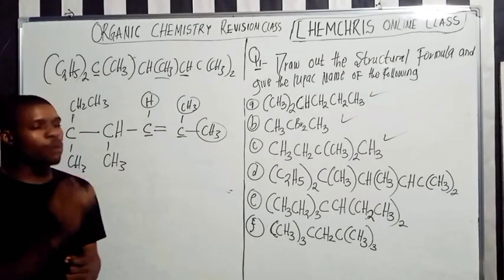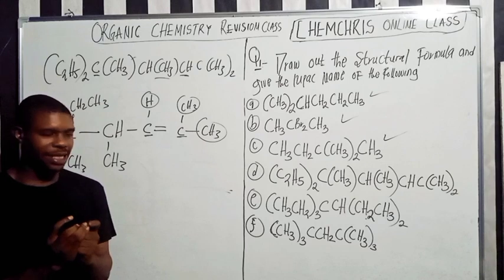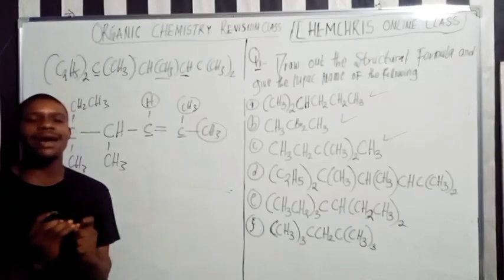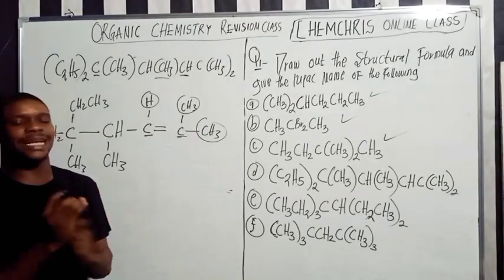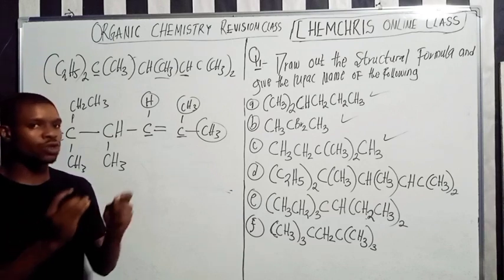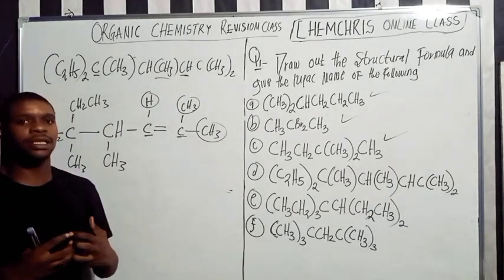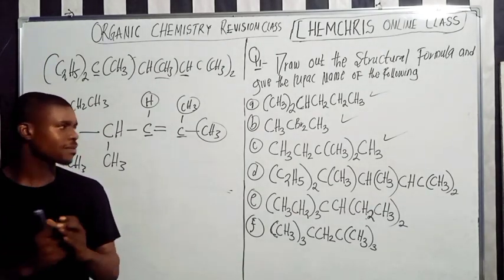Now most students will not see these things in the exam. So you must master organic chemistry questions, especially nomenclature, which is a very tricky part of organic chemistry that students usually have a hard time with. That is why I'm taking out this time, this video, to explain it to you so that you understand.